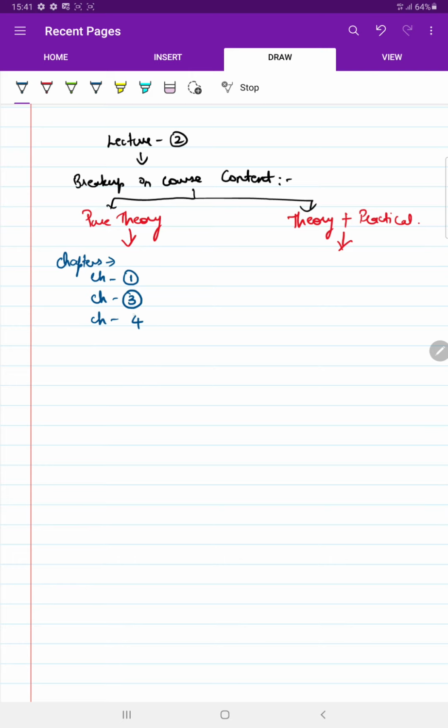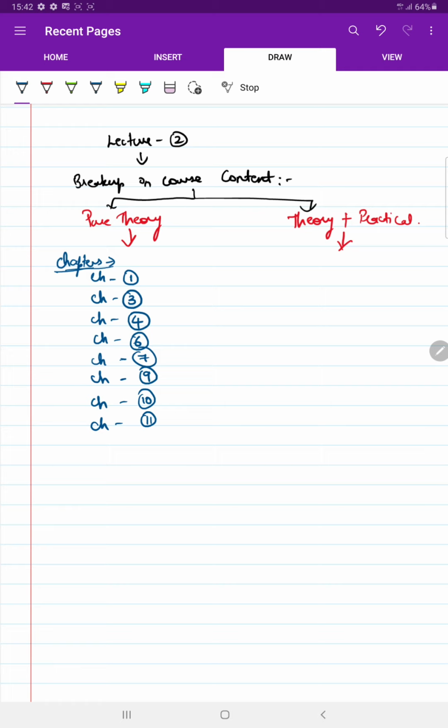Then chapter 4, then chapter 6, then chapter 7, then chapter 9, then chapter 10, then chapter 11. All these chapters are pure theory chapters. You have to sit and study based on theory only. Focus should be more on theory only.